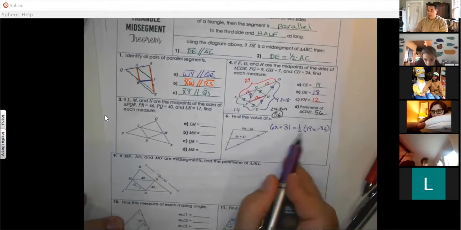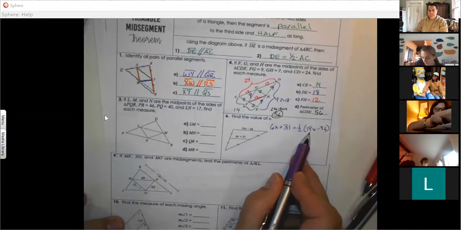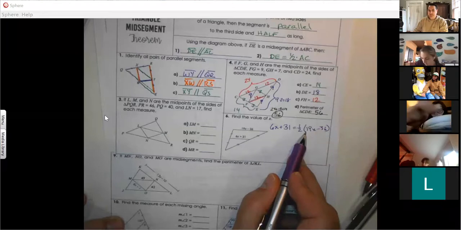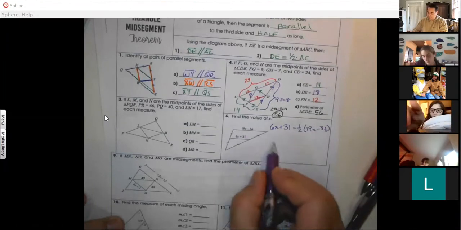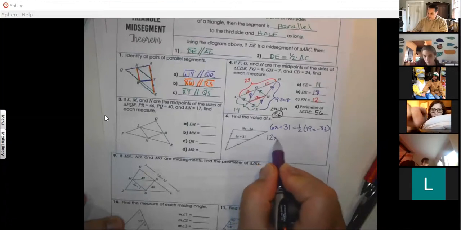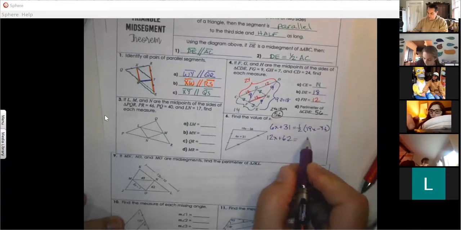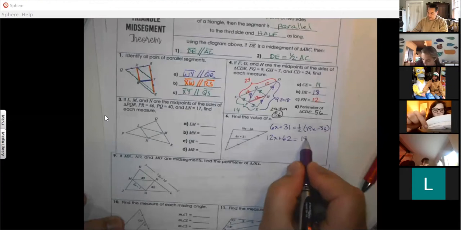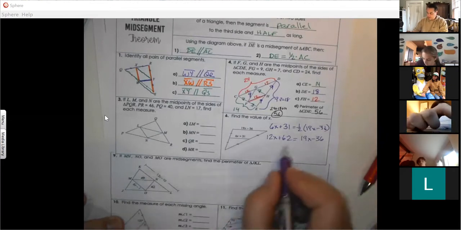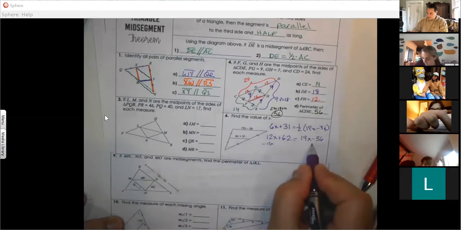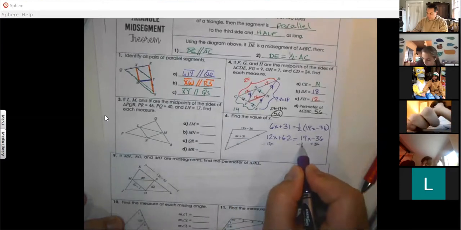I could distribute that 1/2, but that's going to give me some decimal values that make it difficult. So I'm going to choose to get rid of this half by multiplying everything through by 2. 12x plus 62 equals, the 2 will cancel that out, leave me with 19x minus 36. I'll subtract 12x and add 36.